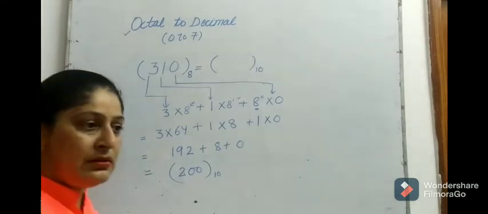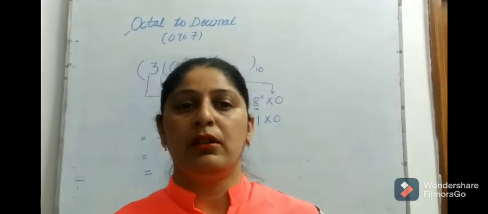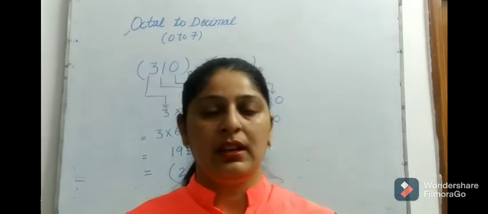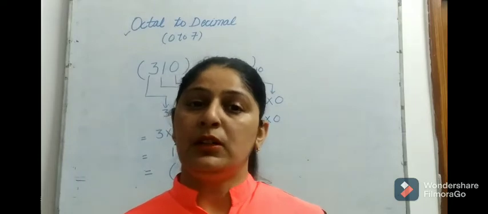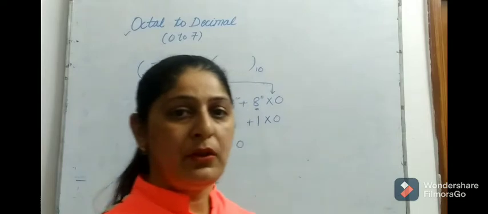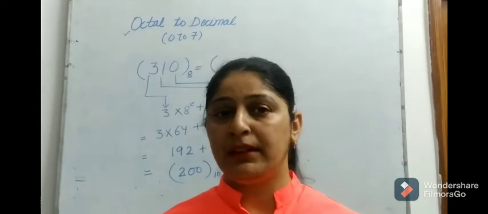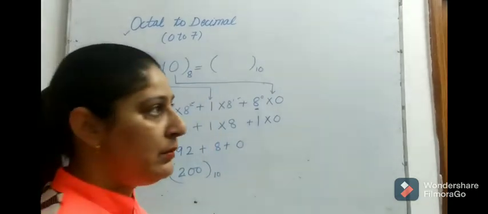Alright, this was all about converting octal to decimal and decimal to octal. We have done two examples each. Now we are going to see how we convert decimal to hexadecimal and vice versa. Before moving on to this explanation, let me tell you a few points you have to keep in mind while converting.